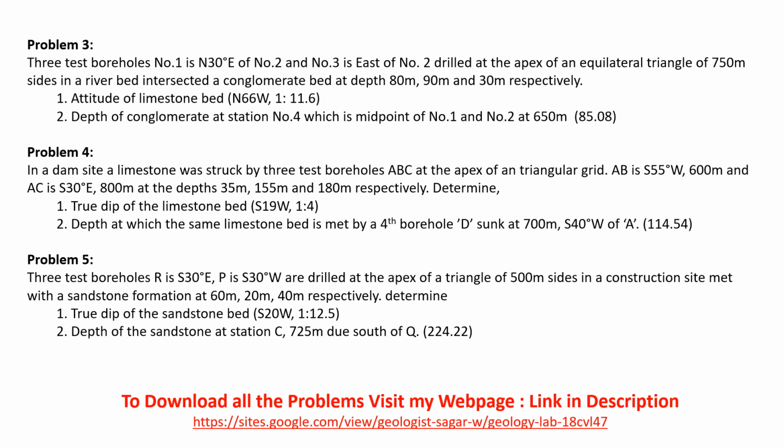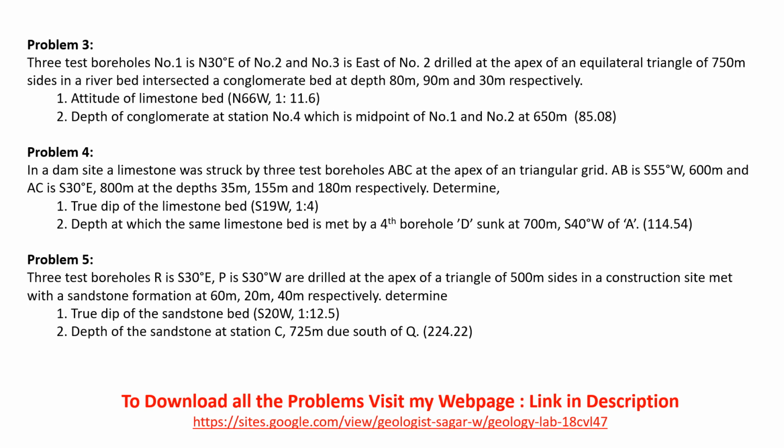AB is north south 55 degrees west, and the distance between A to B is 600 meters. AC is south 30 degrees west. This is 800 meters. So here you can directly draw the diagram and the depth diagram, because the directions of AB and AC are given.